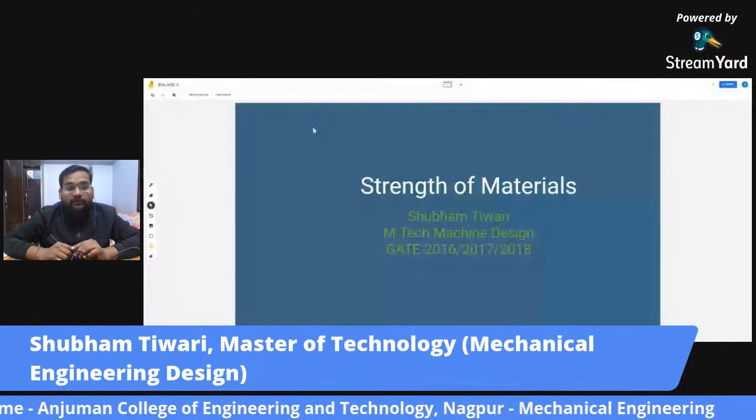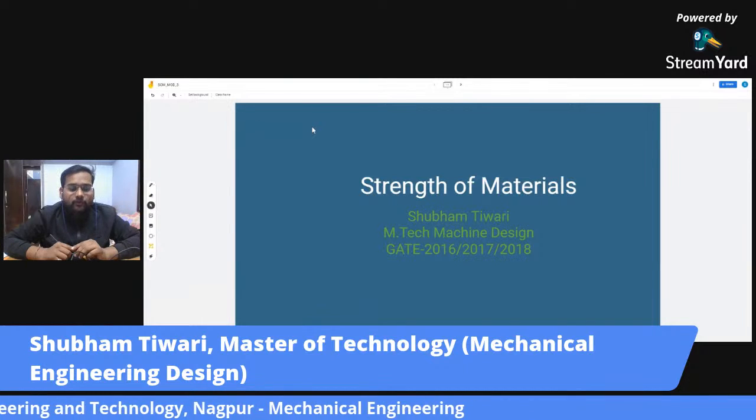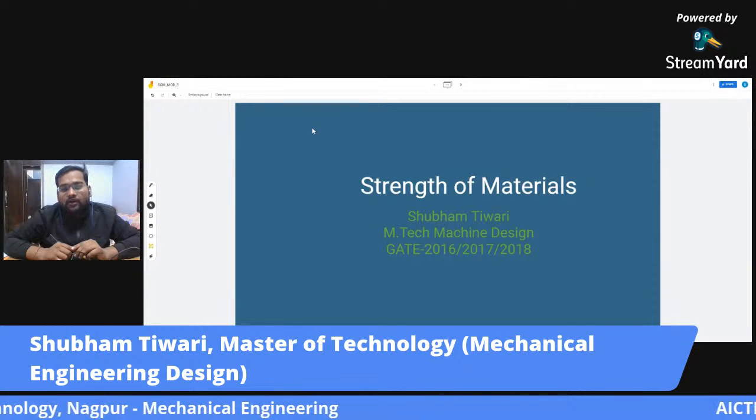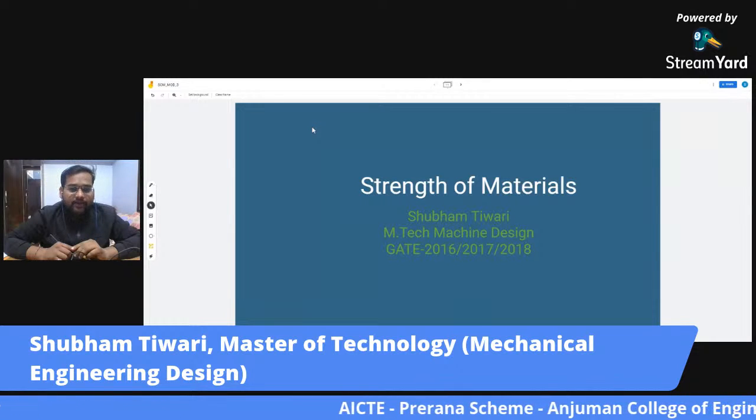In the previous two sessions we studied simple stresses, in which we saw simple concepts and an introduction to stresses and the strength of materials.